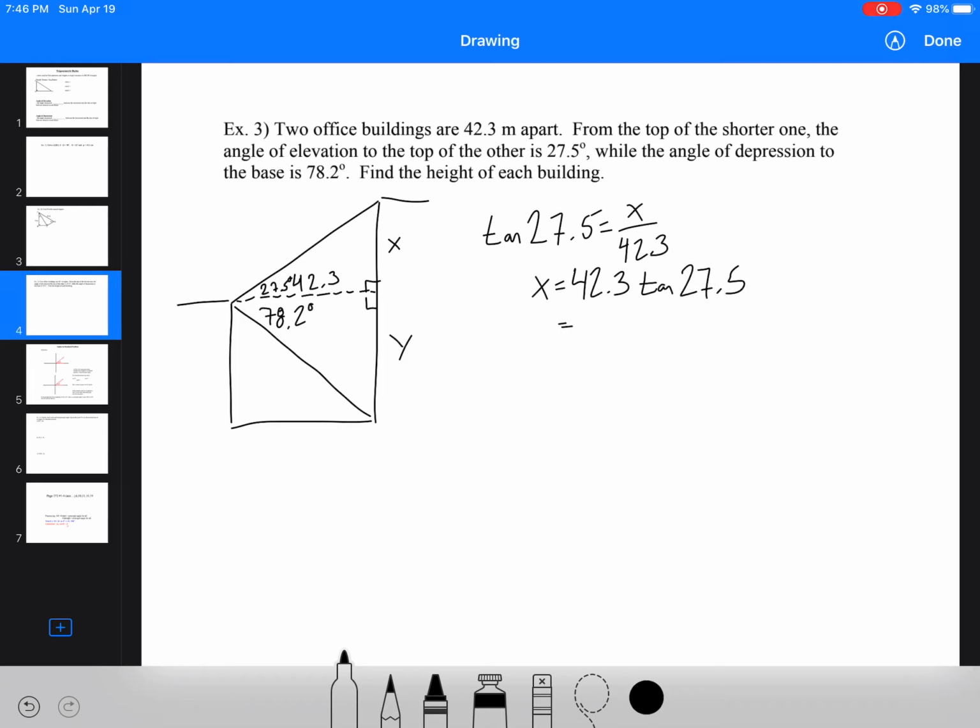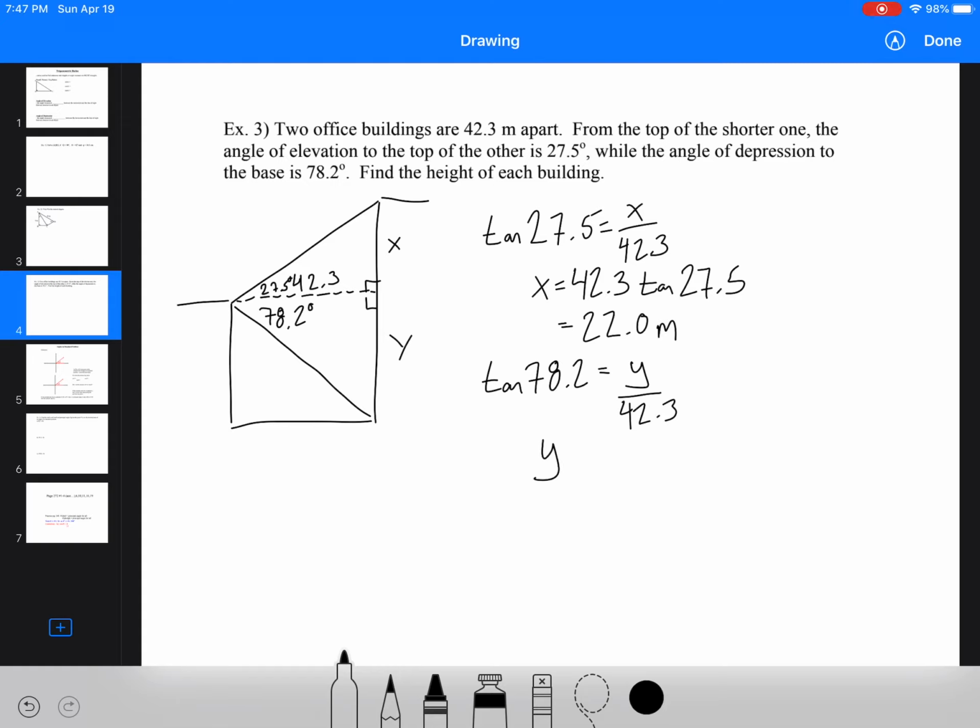X equals 42.3 tan 27.5. And then we're going to get x to be equal to 22.01, so 22.0 meters.